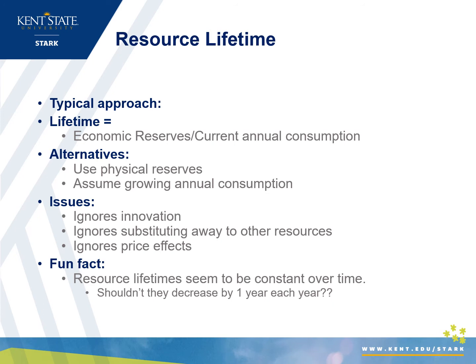So the typical approach for the resource lifetime is that we take those economic reserves, so those reserves that we can actually practically get to and use in a cost-efficient manner, and we divide that by the current annual consumption. That would then tell us how many years we have left. So if we know how much aluminum is available to us, we know how much we use in any given year, we do the division, find out, oh, well, we have 1,000 years of aluminum left, which is fairly close to some of the suggestions for aluminum.